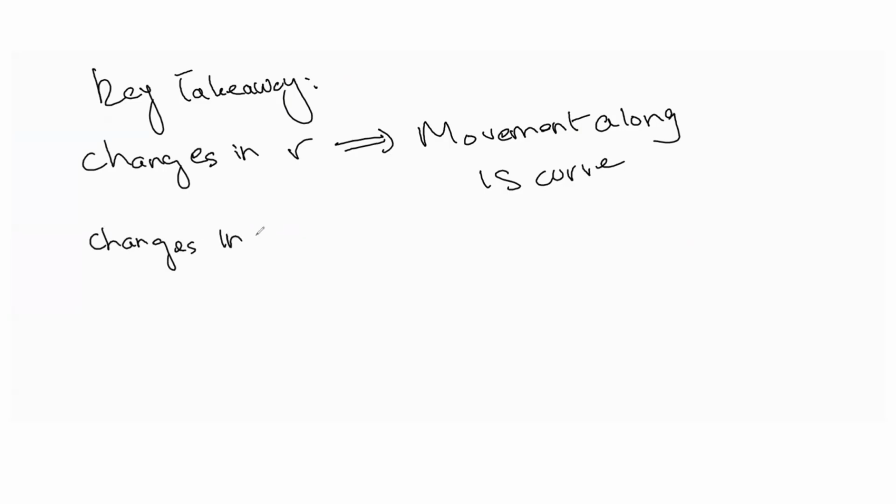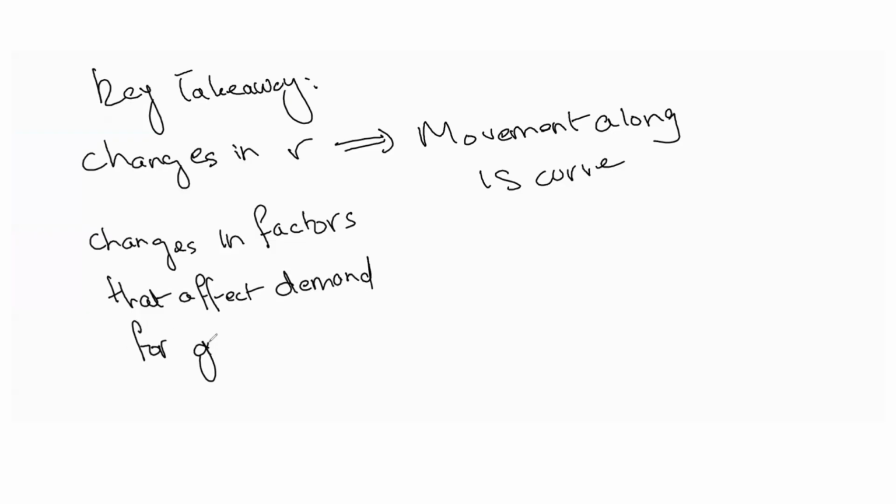Changes in factors that affect demand for goods, Z equal to C plus I plus G in a closed economy, for a given R. Again, the idea is that this happens for a given R. R does not change.